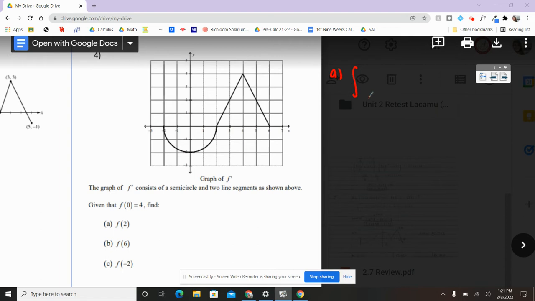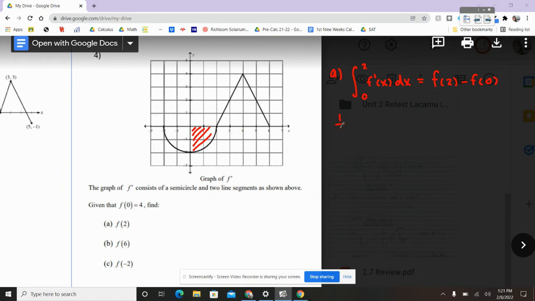This one has to be from 0 to 2, f prime of x dx, since that's our graph this time. And we know that has to equal f of 2 minus f of 0. So my area from 0 to 2 is going to be this quarter circle right here.